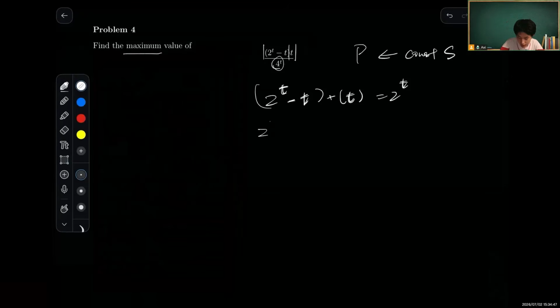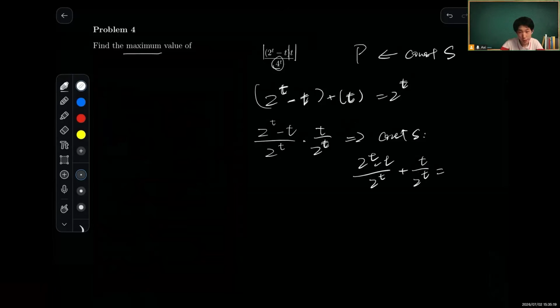Then you can write it as (2 to the t power minus t) over 2 to the t power, times t over 2 to the t power. In this case, this thing has a constant sum, which happens to be 1. Exactly. So that means its maximum of the product occurs when (2 to the t power minus t) over 2 to the t power is in fact equal to t over 2 to the t power.